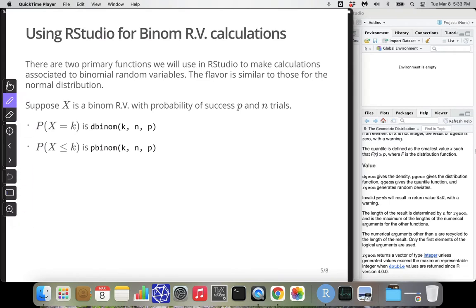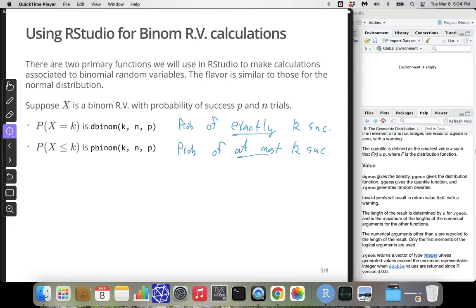So dbinom gives us the probability of exactly k successes, and pbinom gives us the probability of at most k successes. Now the arguments that you chunk into these commands are the number of successes followed by the number of trials in your binomial experiment followed by the probability of a success.